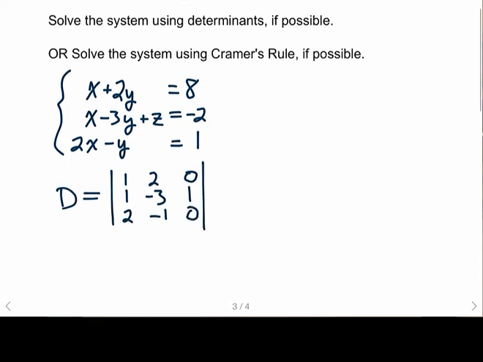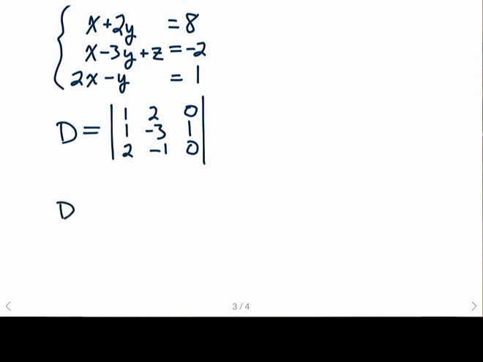Then we're going to form dx, dy, and dz. Even though I haven't told you what dz is, I bet you know how to do it. We're going to take the constants, 8, -2, 1, and for dx, we're going to replace the first column with those constants.